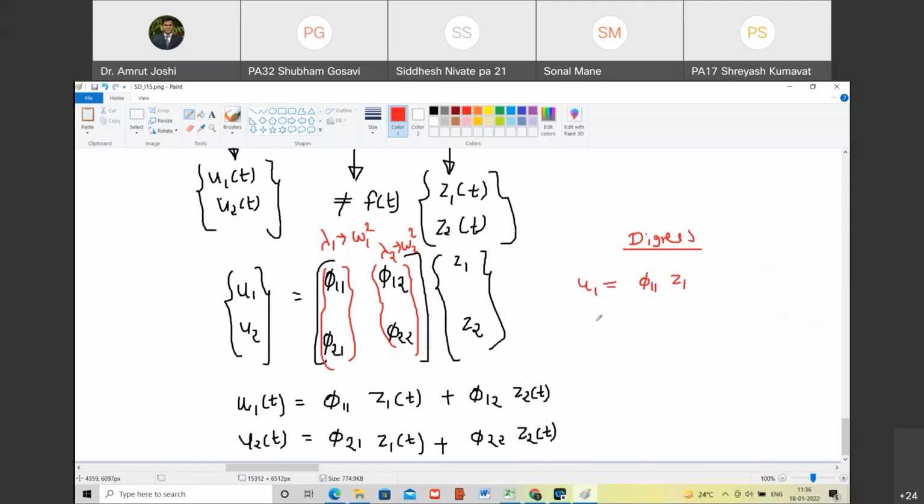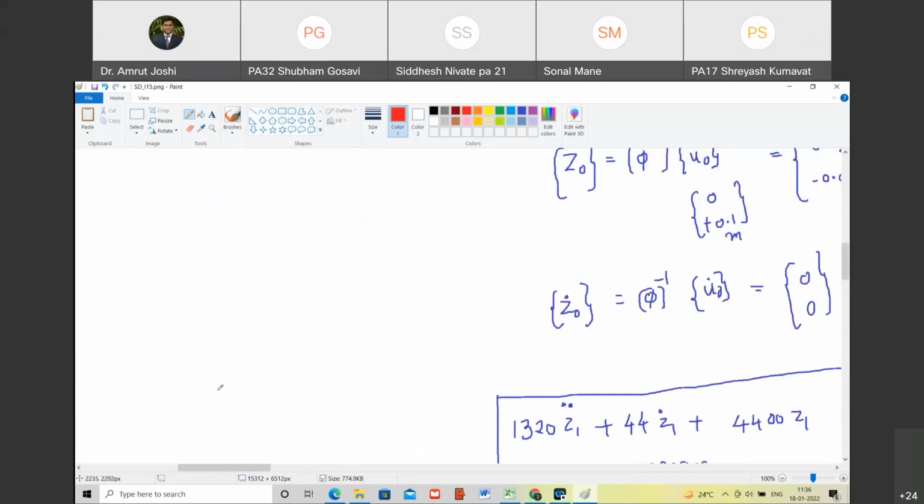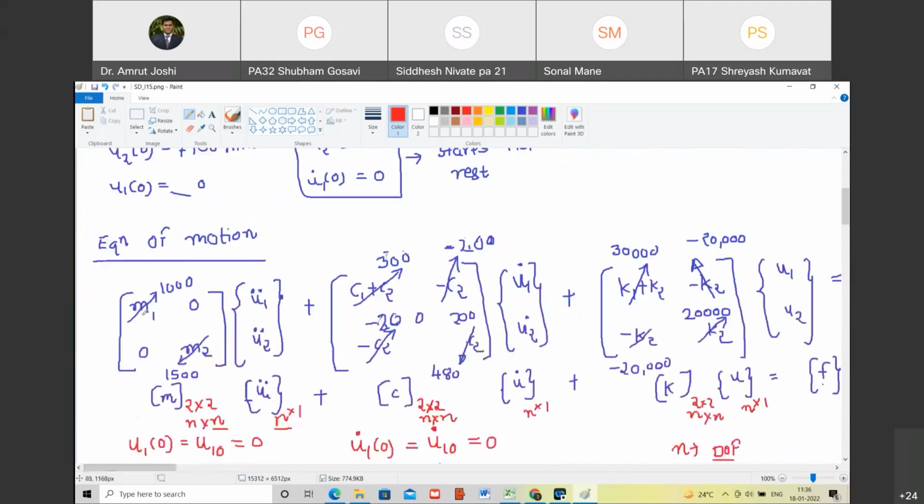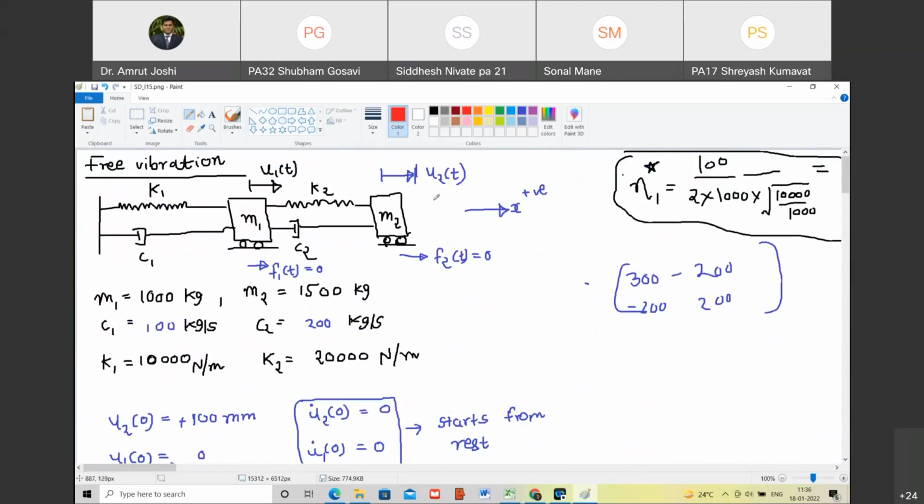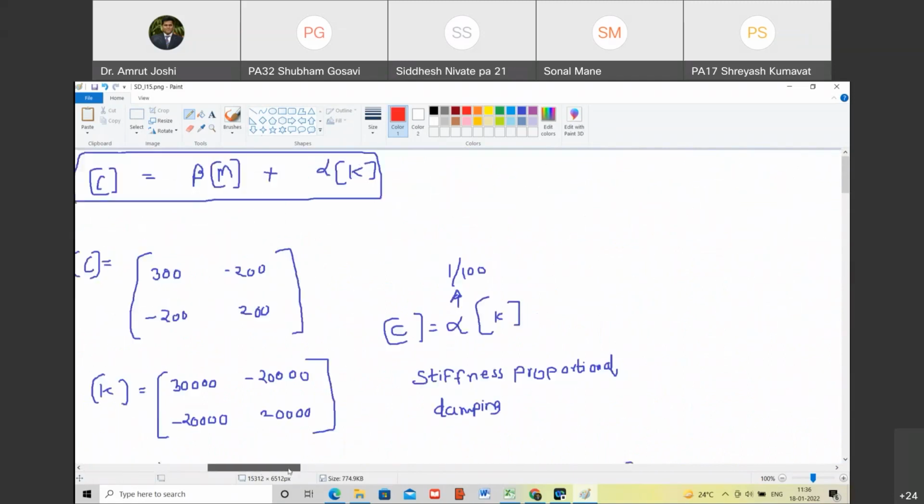And what will be u2 of t? It will be phi 21 into z2. Are you with me? Yes, sir. What is u1? u1 is the displacement of the first degree of freedom here, and u2 is the displacement of the second degree of freedom.